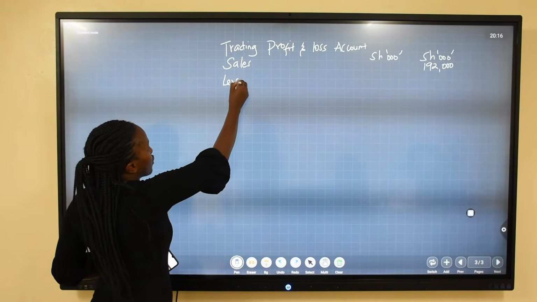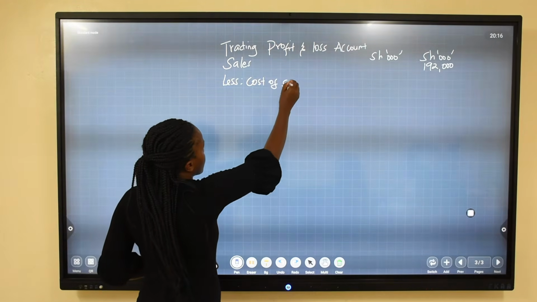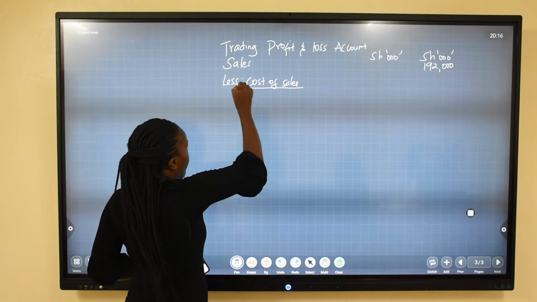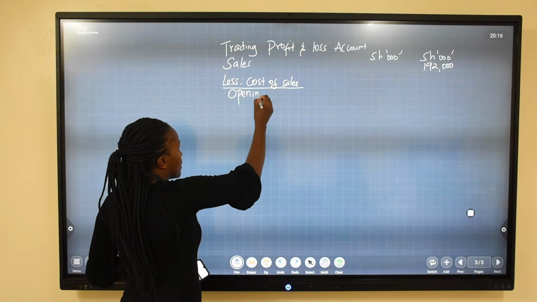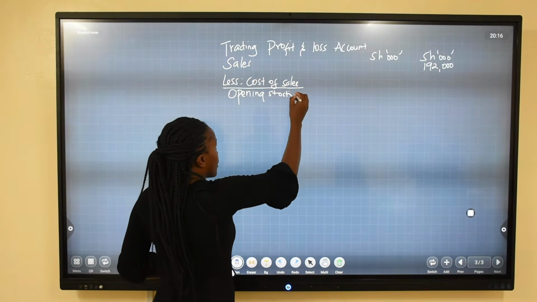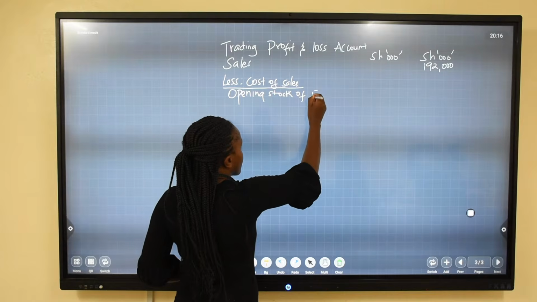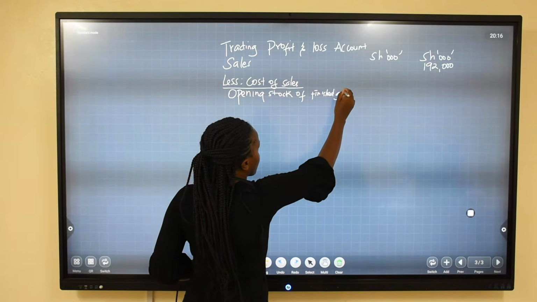This now brings us to the cost of sales. We are going to start with the opening stock. This time, the opening stock is of finished goods.